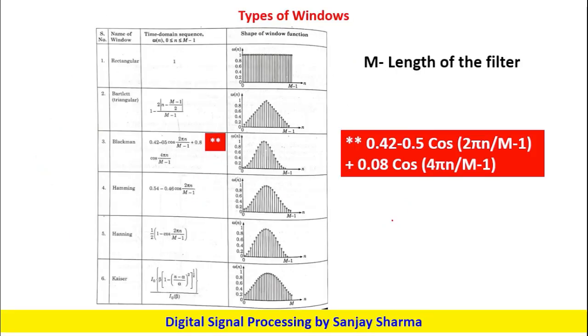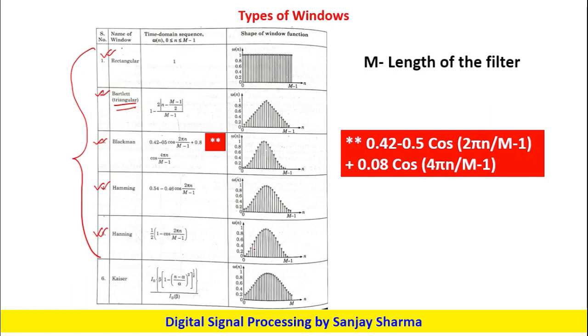So what are the types of windows? If you see, the first five are quite common windows. The simplest type of window is the rectangular window. Then we have the Bartlett window, which is also regarded as the triangular window. Then we have the Blackman window and the Hamming window.